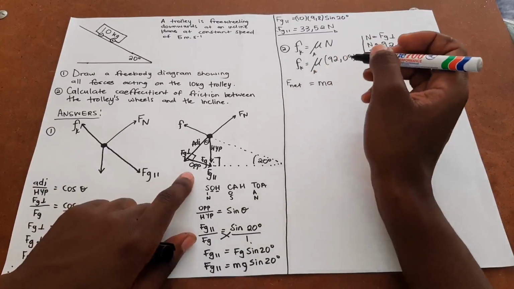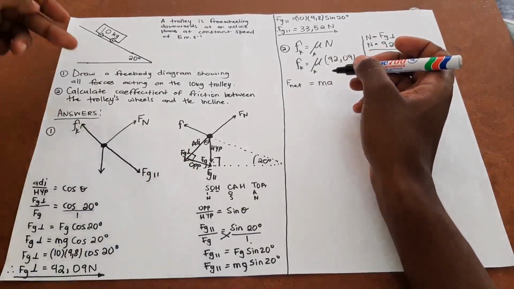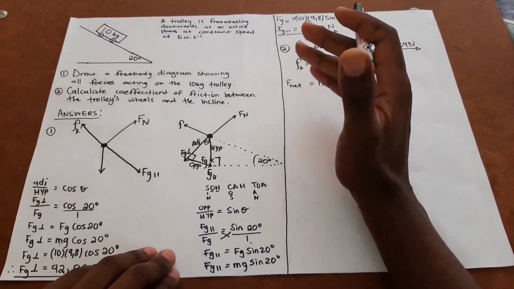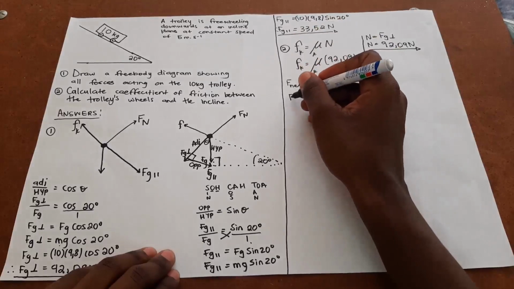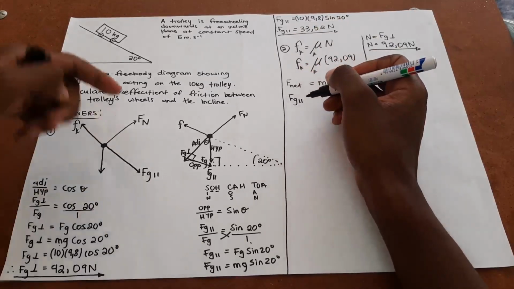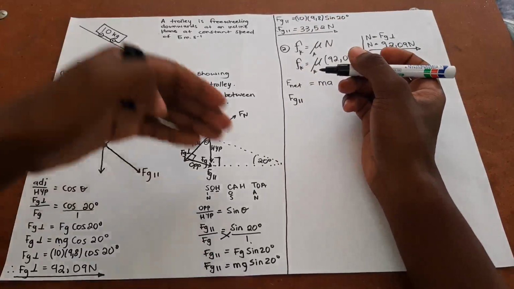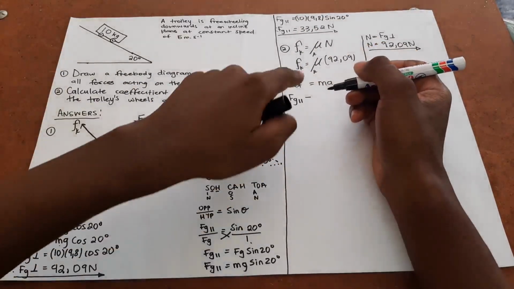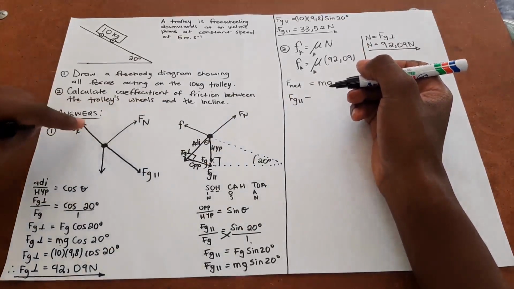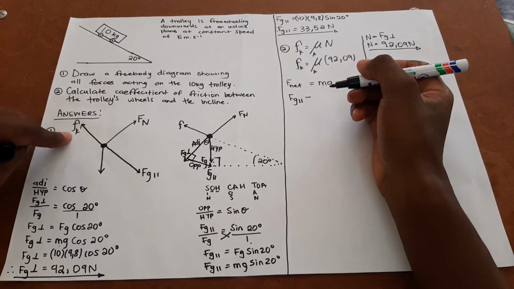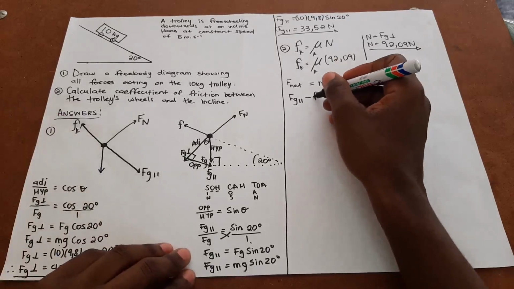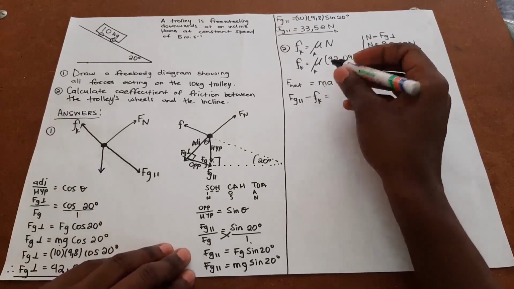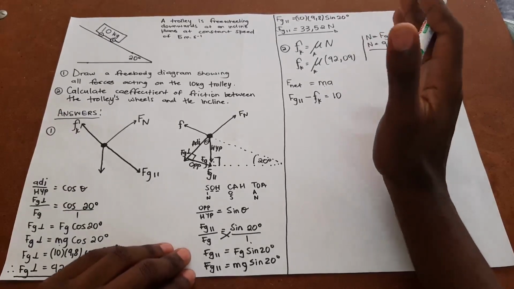It is the gravitational component acting parallel, F_g parallel, pushing it downwards to move downwards, minus the frictional force F_k opposing it. This equals your mass, 10, multiplied by the acceleration.